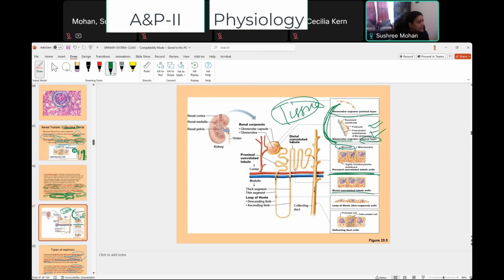Then the DCT, look over the cells that are present. Then the loop of Henle, thin segment, and then finally the collecting duct, which has principal cell and intercalated cell. It does some acid-base balance. Mostly it does secretion. This is reabsorption. This is filtration. And DCT does some amount of reabsorption with assistance, and I will explain that to you.